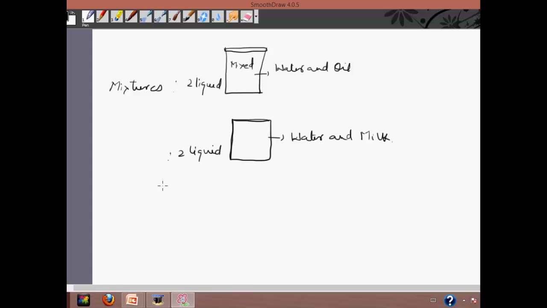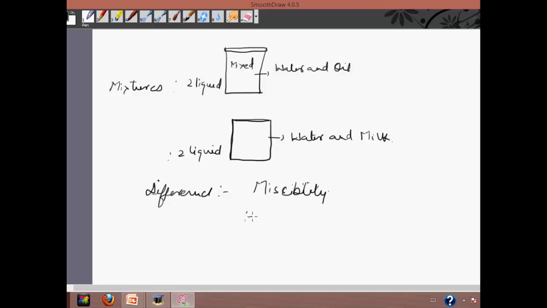But if you see both the mixtures, you can find a difference. What is the difference? The difference is in miscibility. What do you mean by miscibility?